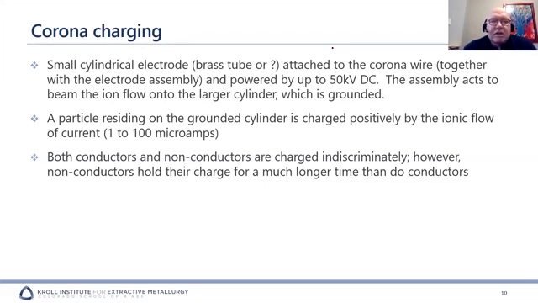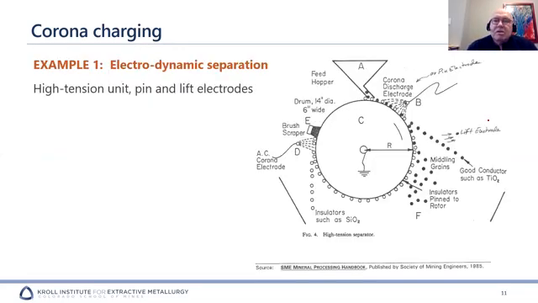I'll show you a picture of this. So particles residing on this cylinder are charged positive or negative, depending on which physics class you took, by the ionic flow. And then both conductors and non-conductors are charged. It doesn't matter whether they're conductors or non-conductors, they all get the charge. So this is kind of how this works.